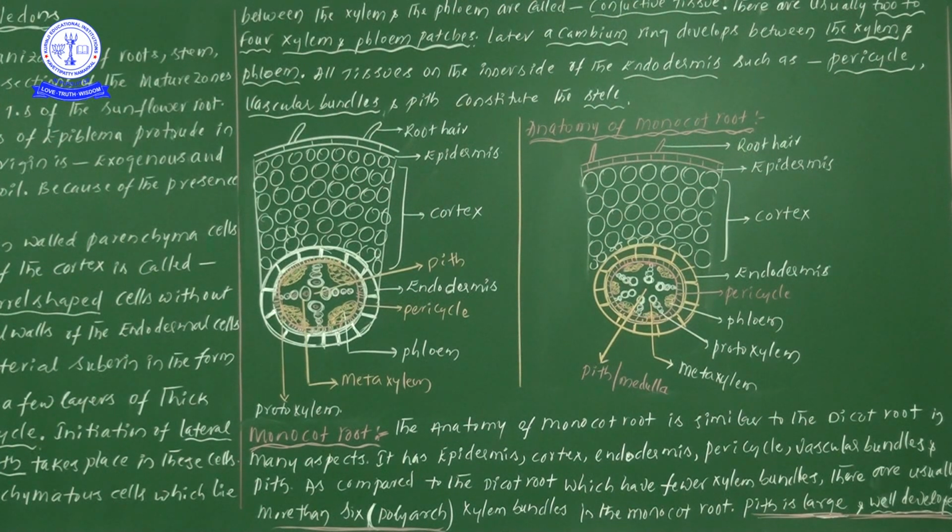In the monocot root there are more than 6 xylem bundles, so we call it polyarch condition, and the pith is very large and well developed. These are the only two main important differences, and all the remaining points are similar to each other. So this is a small explanation of both the dicot root and the monocot root.